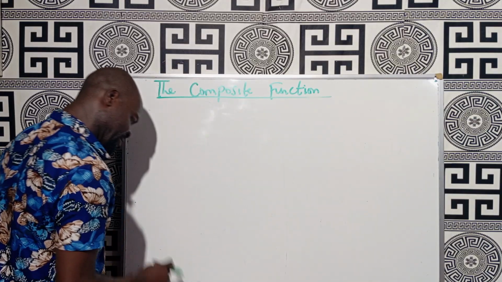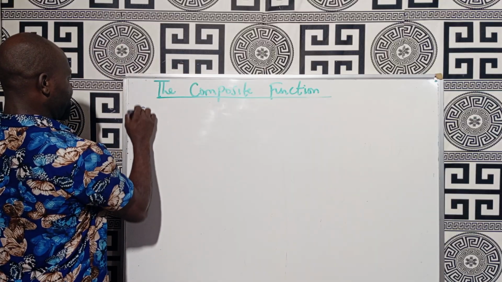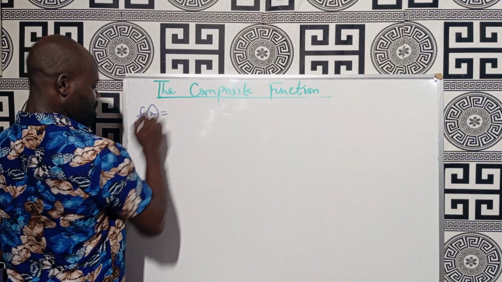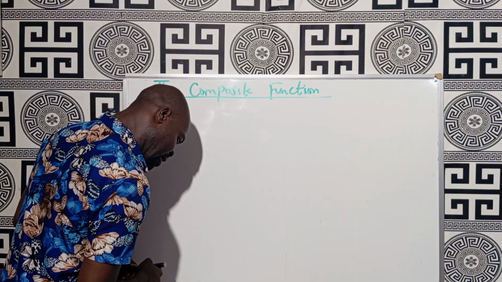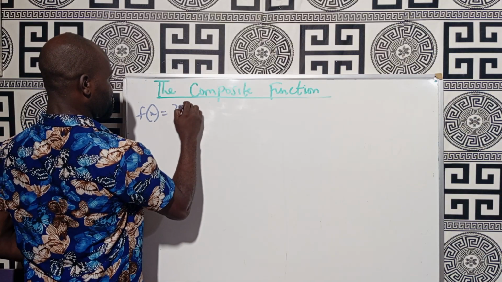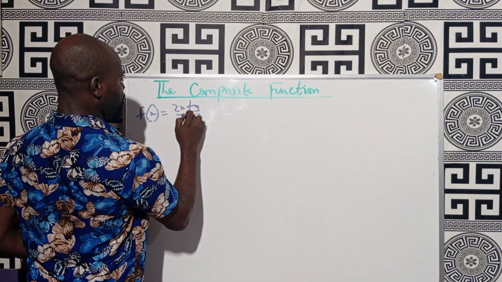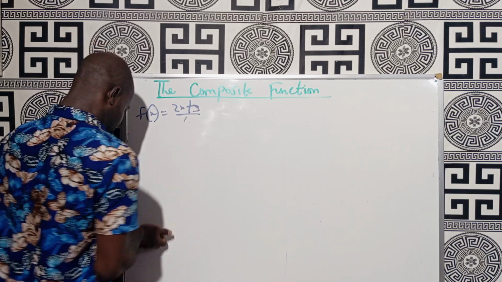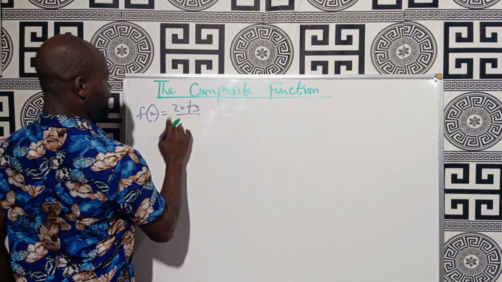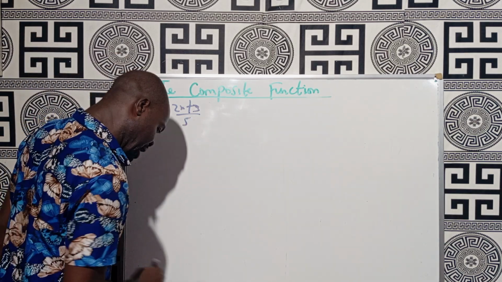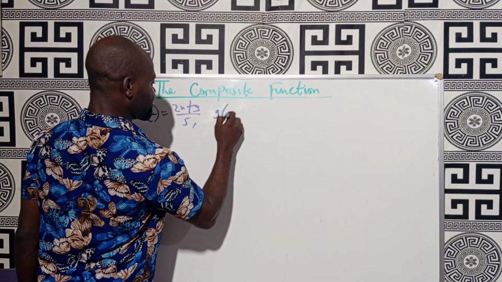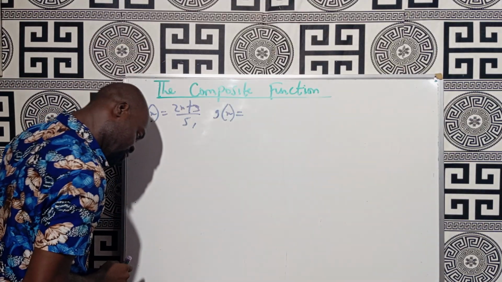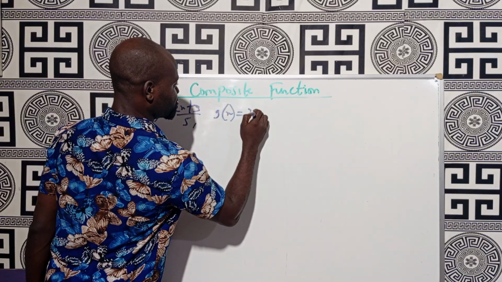We are asked that if f of x equals (2x plus 3) all over 5, and g of x equals 3x minus 1.